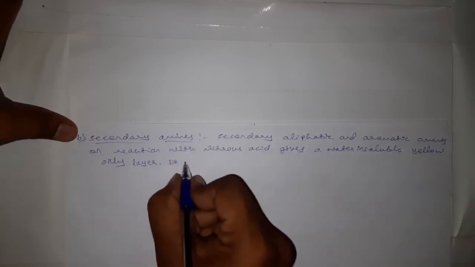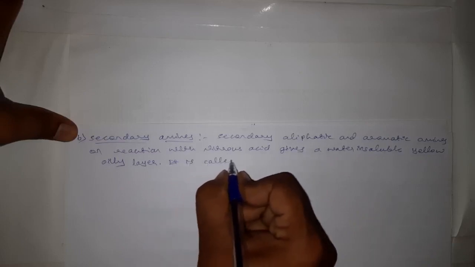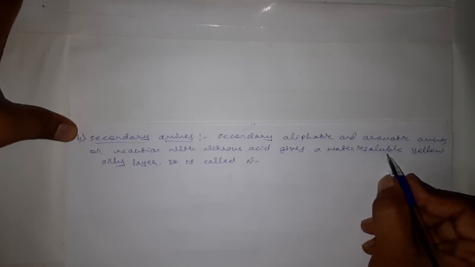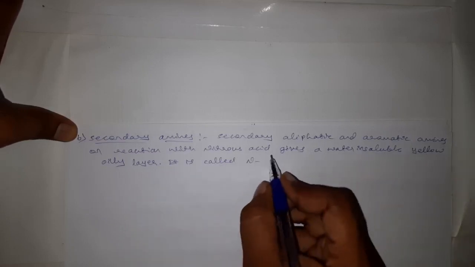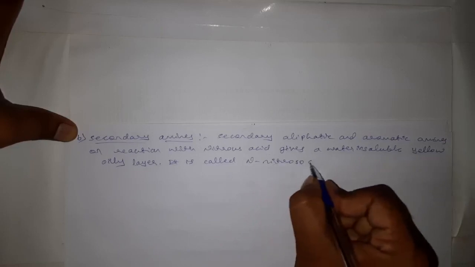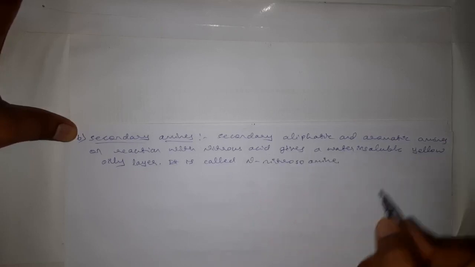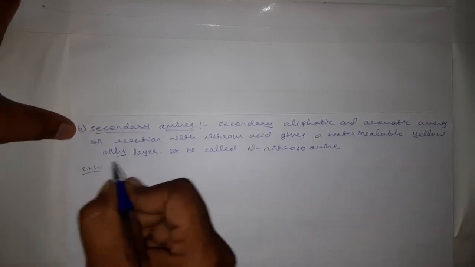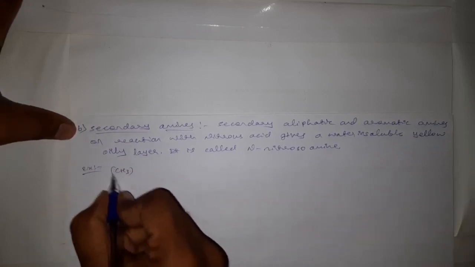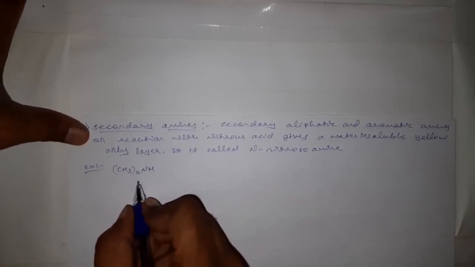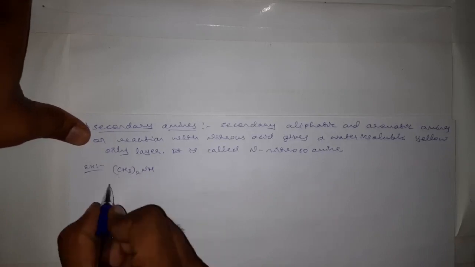Okay, and the product which is the water insoluble yellow oily layer is called what? N-nitrosamine. Take for example (CH3)2NH. It is a secondary aliphatic amine, dimethylamine.